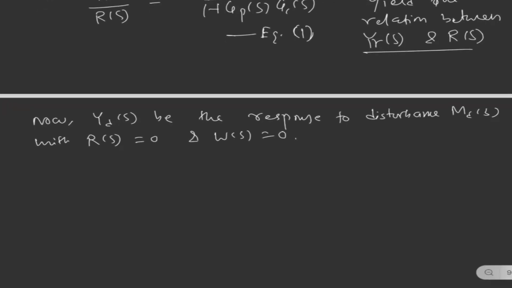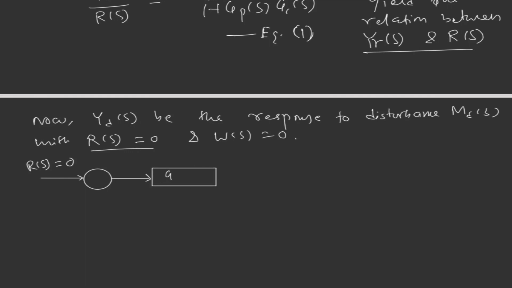In this situation, let's draw the closed loop diagram. This is our summing point, and this is R(s), which is equal to 0, as we assumed, and the controller block will be there.